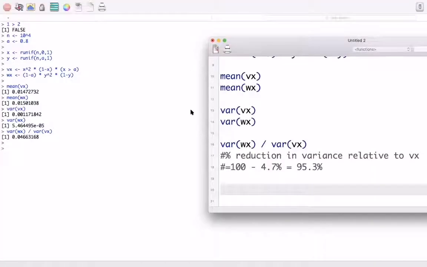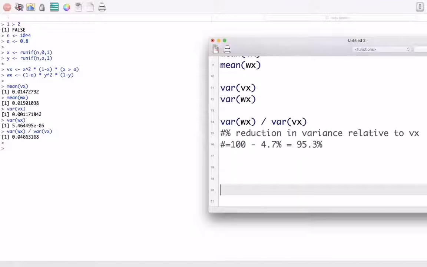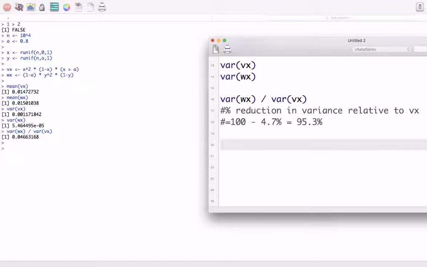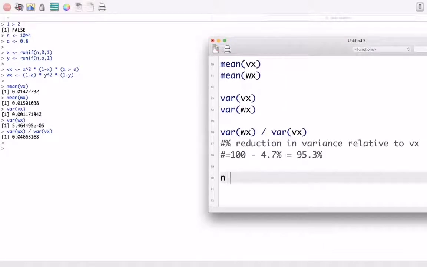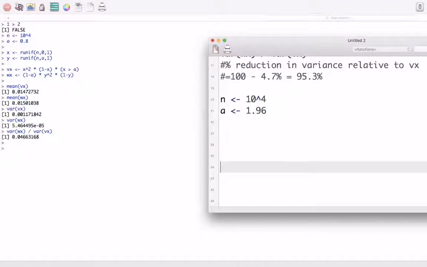All right. Okay. So we will try out our ideas just now, right? So again, my n is the same. Let's say 10 to the power of 4, and my a is 1.96 here, right? So the first Monte Carlo estimator, I have to do something like this.